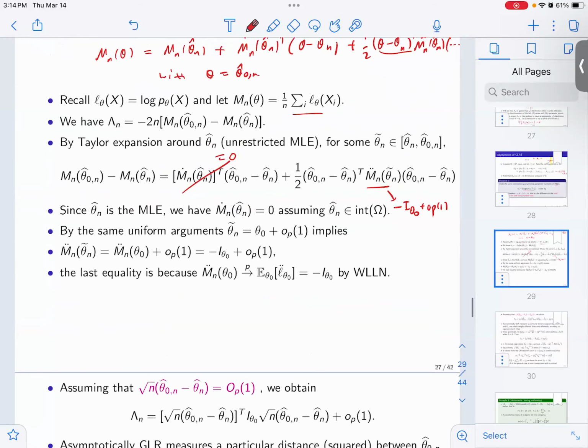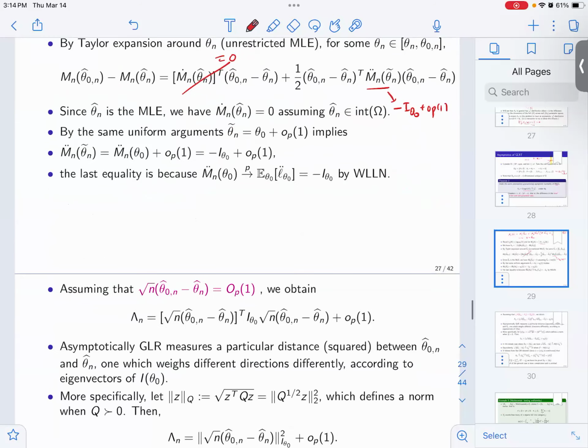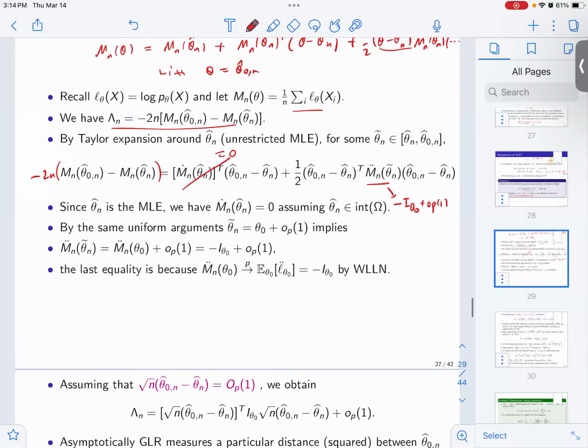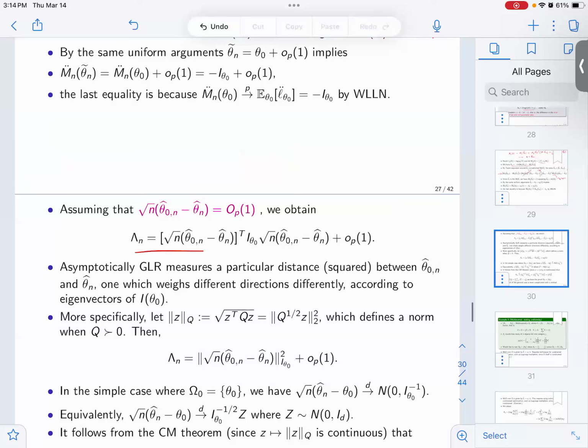So in the end, I can rewrite this as negative twice n times that. So this thing is going to be multiplied by negative 2n. You get rid of the 1/2, you get the root n's here, and so you get in the end this expression plus o_P(1).